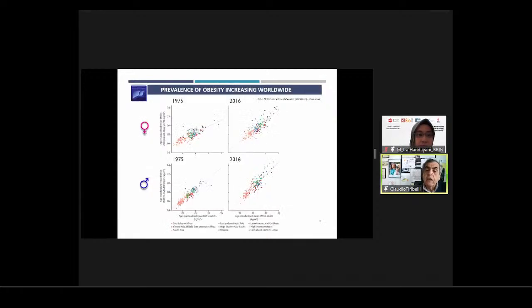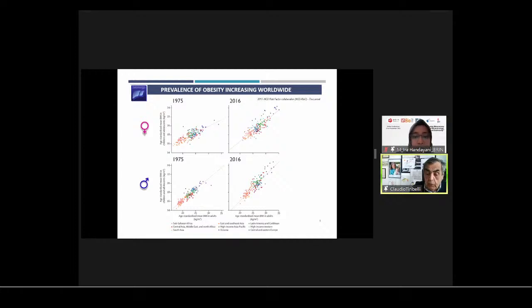And if we look here, that's a very remarkable figure: if you look at the prevalence of obesity from 1975 to 2016, in both females and males, you may see the dramatic increase in the prevalence of obesity during these years, meaning that the more so-called civilized we are, the fatter we are going to be.